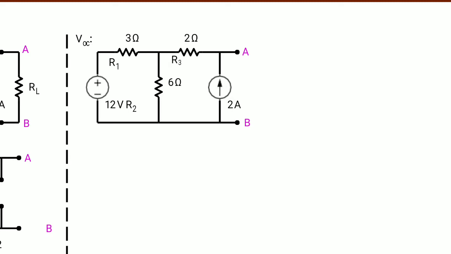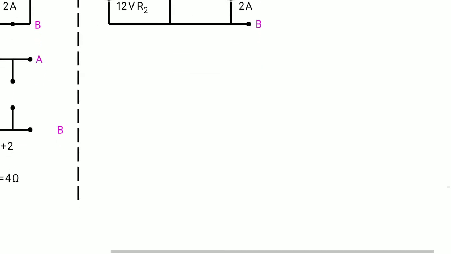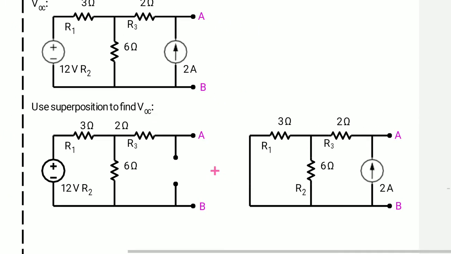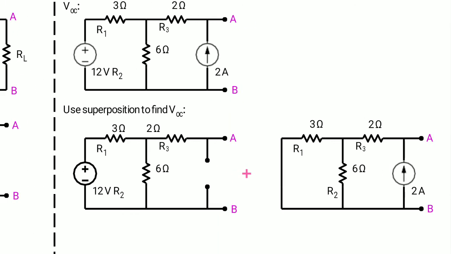By applying the superposition theorem, we can get the VOC or VTH. Here the circuit is divided into two circuits: from source 1 we get a VAB, and from source 2 we get a VAB. From these two we calculate the resultant voltage.